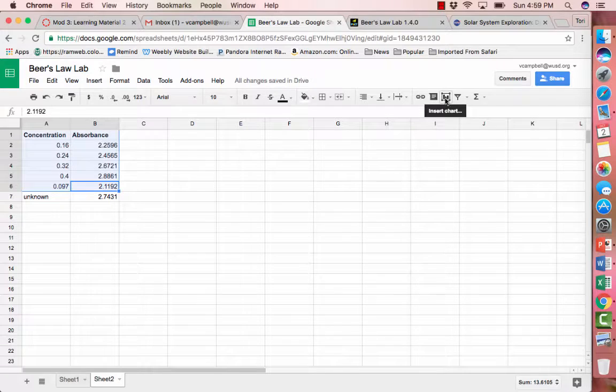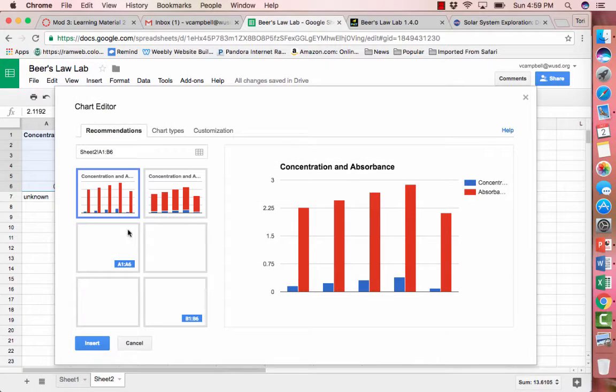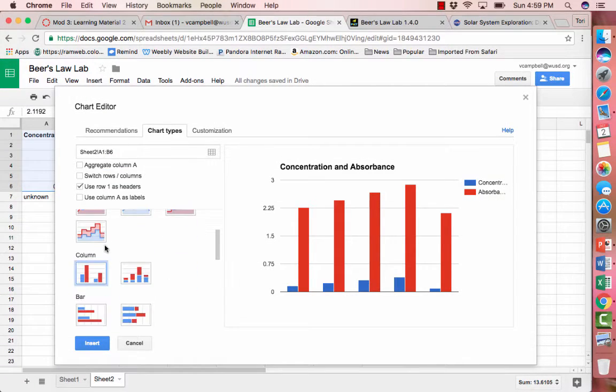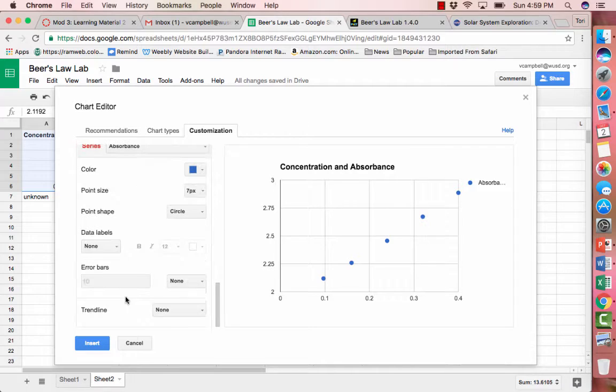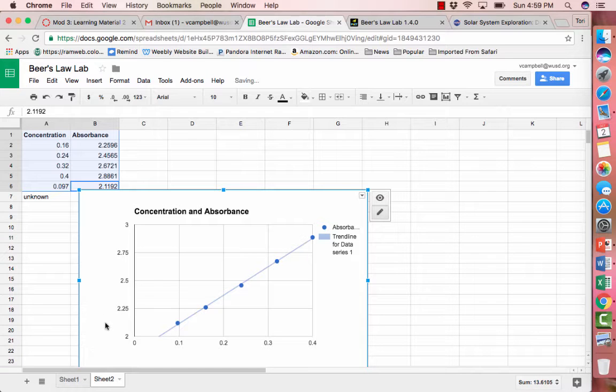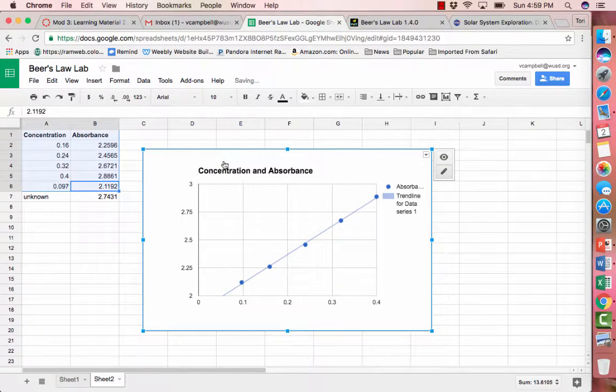So I'm going to highlight the data, click on Insert Chart. The chart type that I'm looking for in this data set is a scatter plot. And then I'm going to go to Customization, and I'm going to add a linear trend line and insert the graph. Alright, so here's what my data looks like.